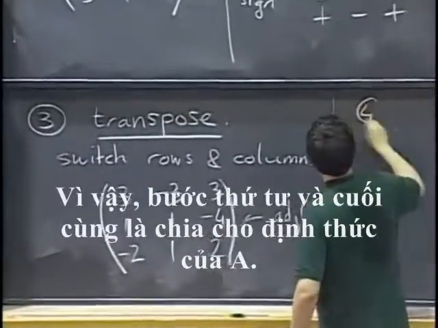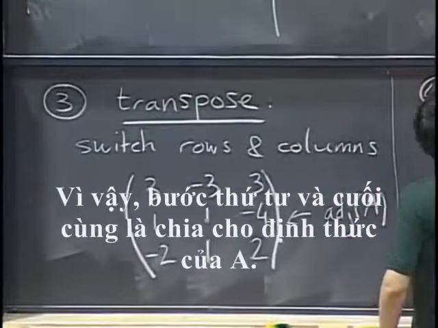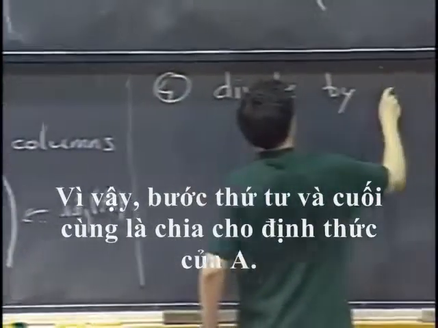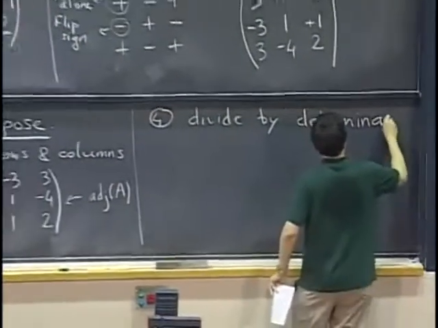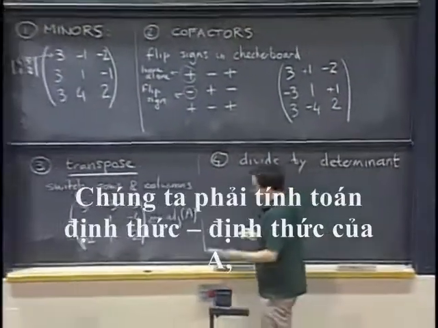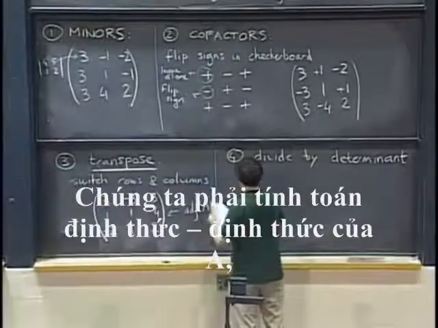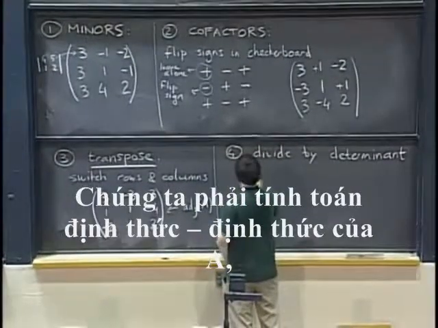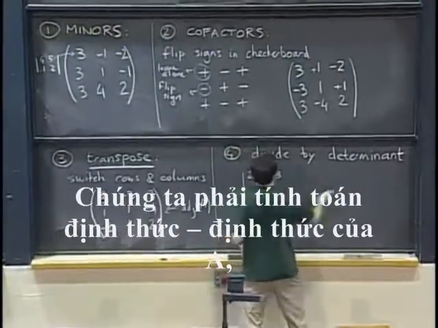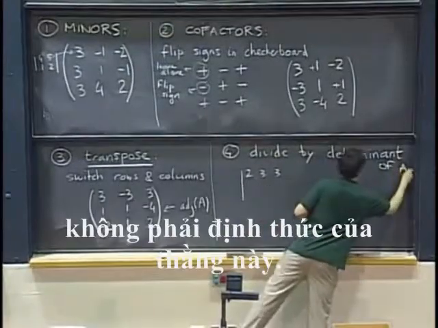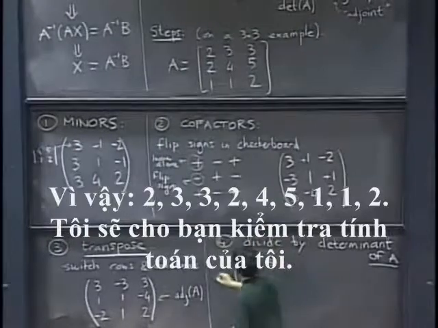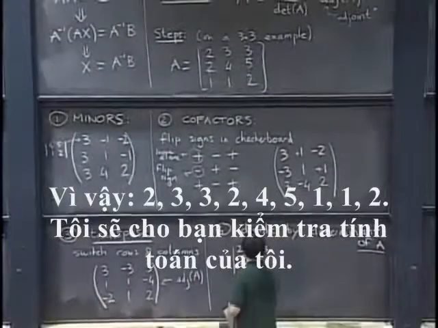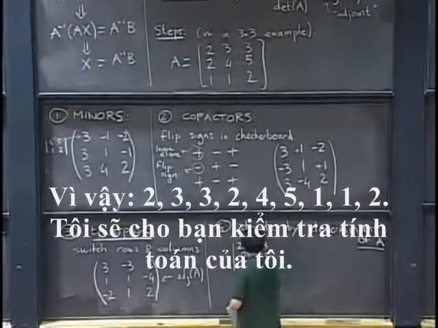The fourth and last step is to divide by the determinant of A. So here we have to compute the determinant of A, not the determinant of this matrix. 2, 3, 3, 2, 4, 5, 1, 1, 2.